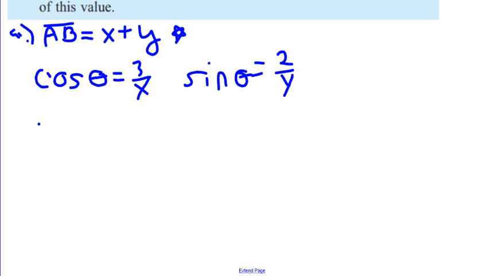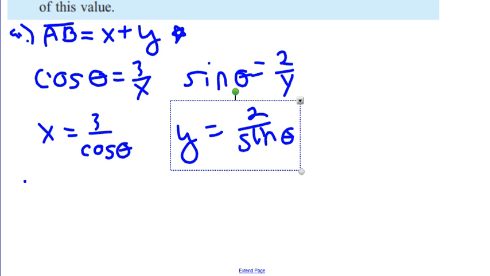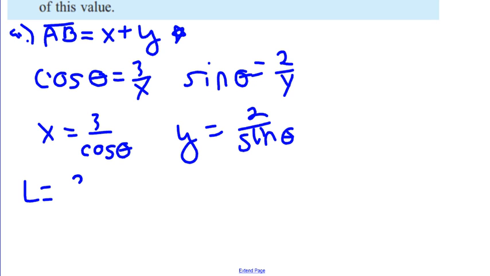So therefore X equals 3 over the cosine of theta, and Y equals 2 over the sine of theta. So therefore my length equals 3 over cosine theta plus 2 over sine theta. So that's the first statement that they wanted us to show.